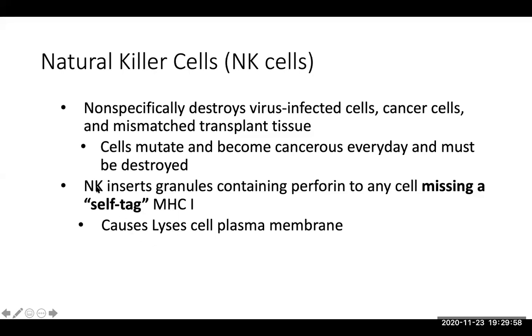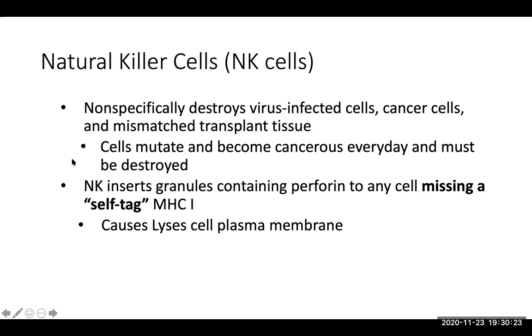So the natural killer cell will go around and kill any cell that is missing a self tag. So in this way, it is non-specific. It doesn't care what the reason is. It doesn't care if it's a particular pathogen. It might even be a cancerous or precancerous cell, or hopefully not, but a mismatched transplant tissue can also cause this response.